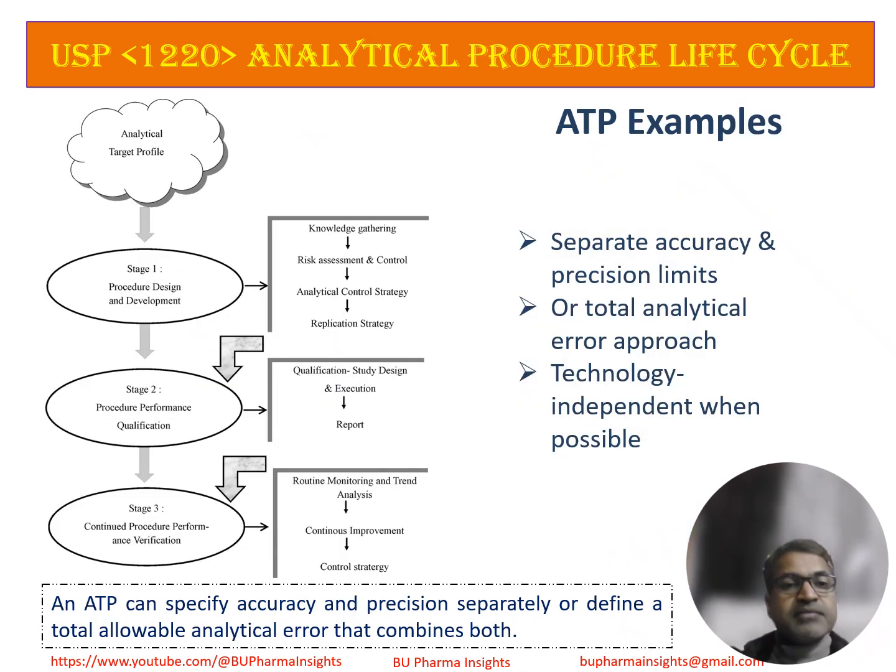ATP example: accuracy and precision can be defined separately or combined as total analytical error. ATP should be technology independent. When possible, the goal is flexibility with clarity, not complexity.